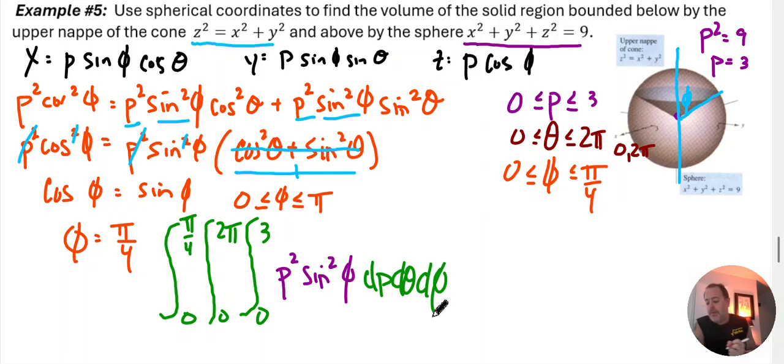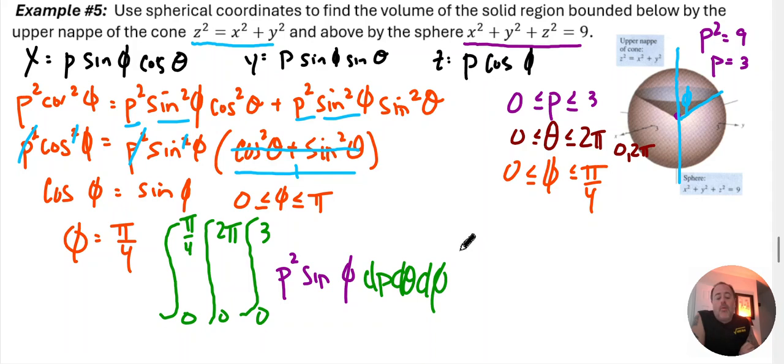Okay? So, wait, not squared. Why am I doing that? Hold on for 1 second. My apologies. I made a big stink about this, and it's actually just the sine of phi, not sine squared. So when we do our conversion factors, we always do rho squared sine phi, not sine squared phi. I don't know where my head was with that problem. So I'm going to fix that, make sure we understand that pretty well.